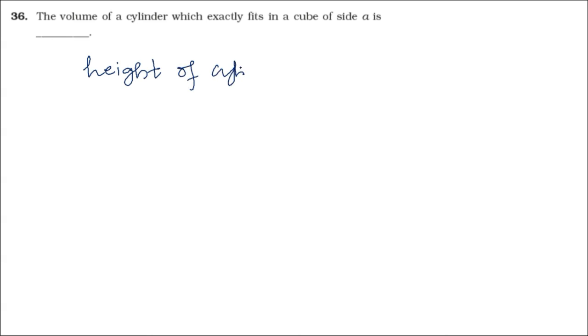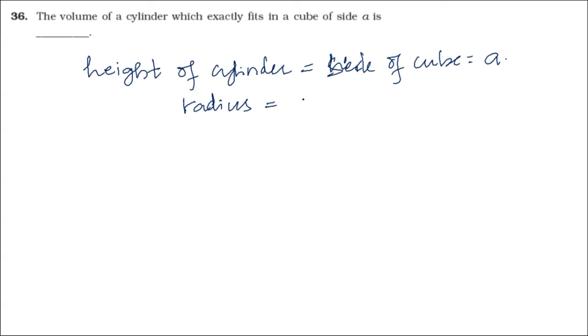So let me mention that height of cylinder will be equal to the side of cube. This will be A units. How about the radius? Radius will be half of the diameter. Diameter will be the side. So radius will become equal to A by 2.